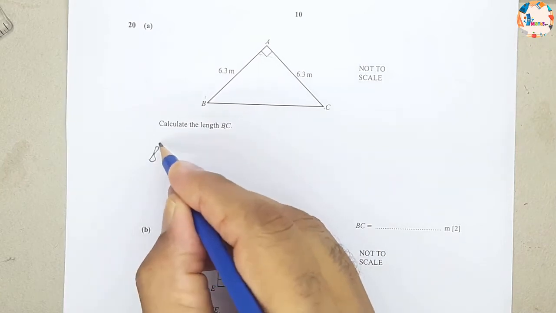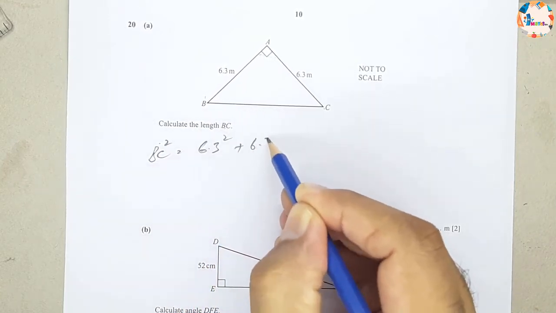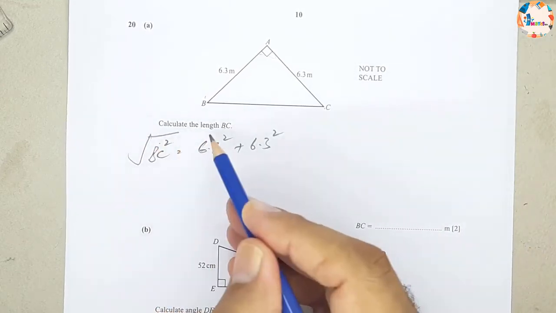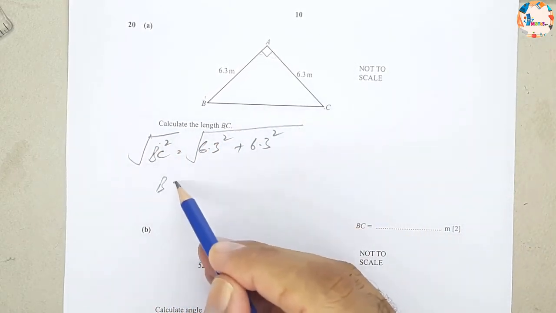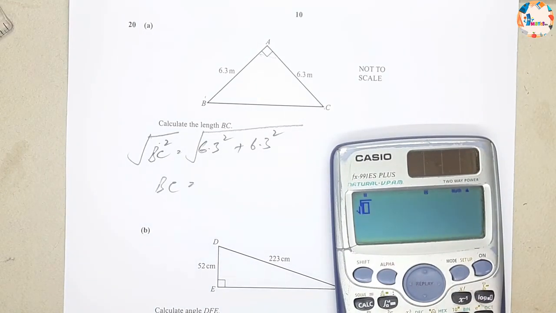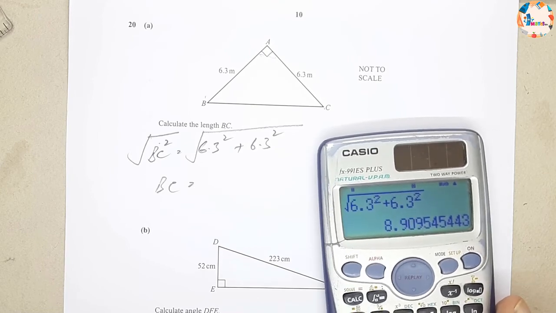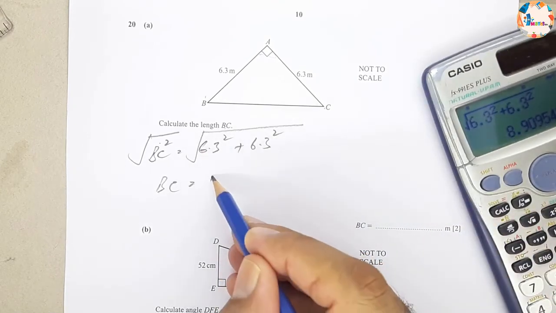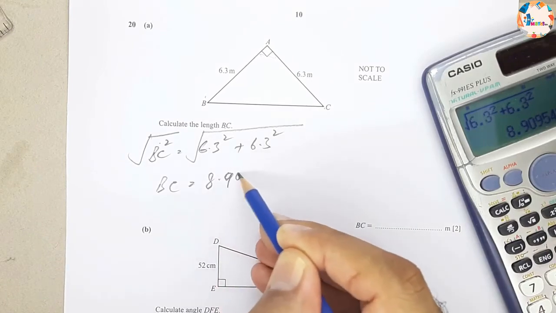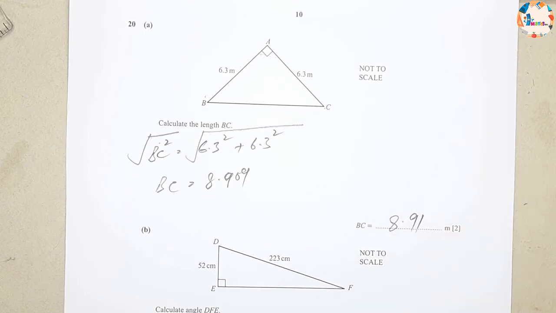So BC square will be equal to 6.3 square plus 6.3 square, and taking root on both sides, BC will be equal to under root of 6.3 square plus 6.3 square. This will be equal to 8.909, and the rounded answer will be 8.91 meters.